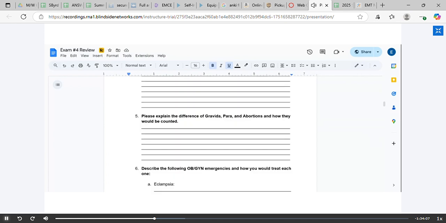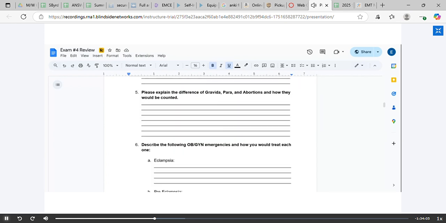So some of the questions that we have to ask are gravida, para, and abortions. When you have your pregnant patient, we need to know her history, right? Not just her medical history, like do you have any history of high blood pressure or diabetes? We need to know if she's been pregnant before, because her body is different than someone who's never been pregnant.